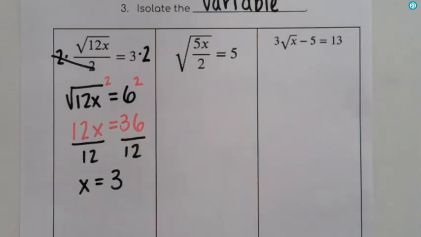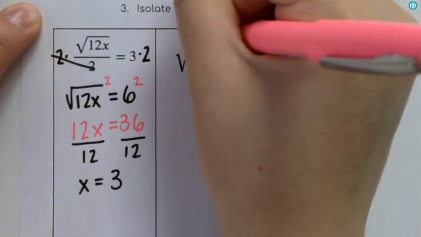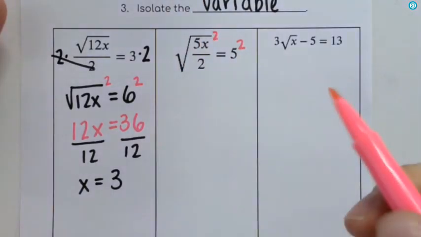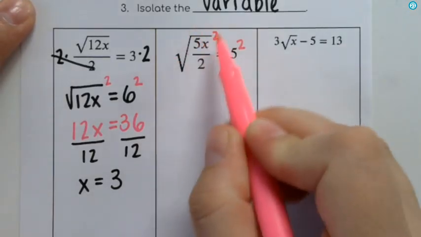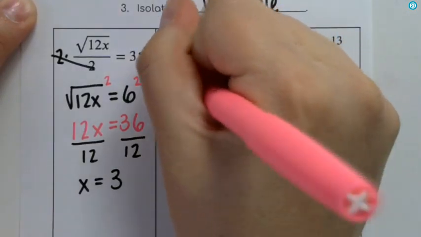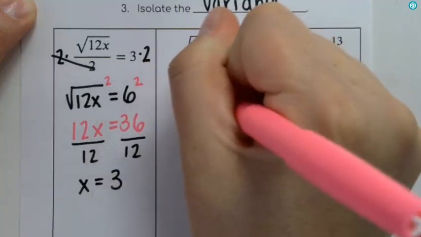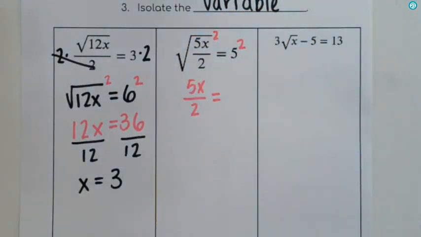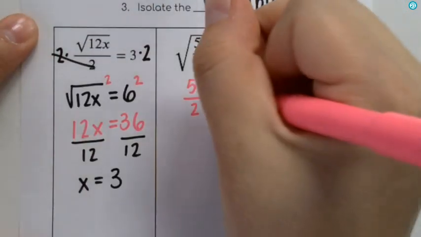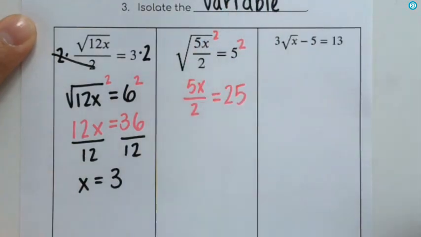So in this problem, there is nothing we need to do to isolate the square root. We are ready to just square both sides. So I'm going to square both sides. On the left side, that square root and the square cancel. So I just have 5x over 2 still equals, and then 5 squared is 25.